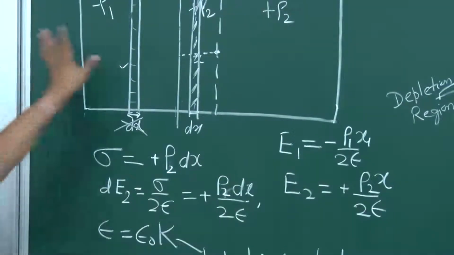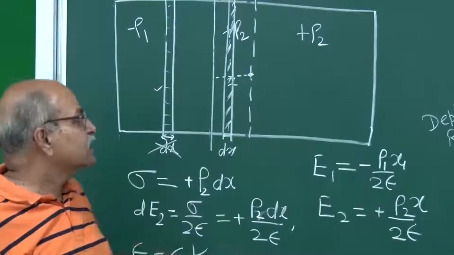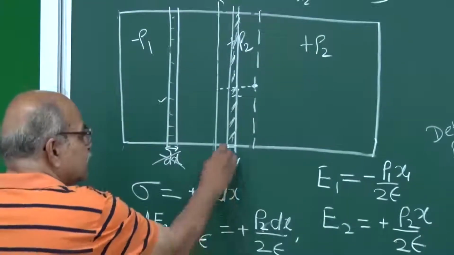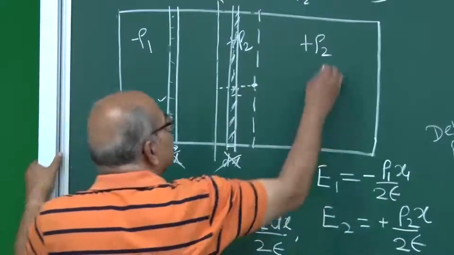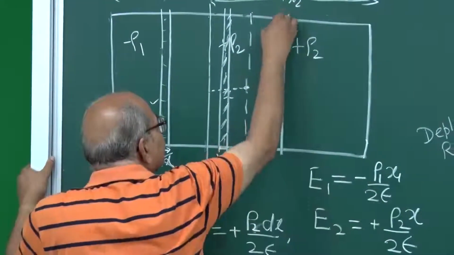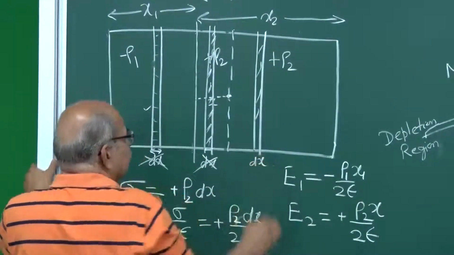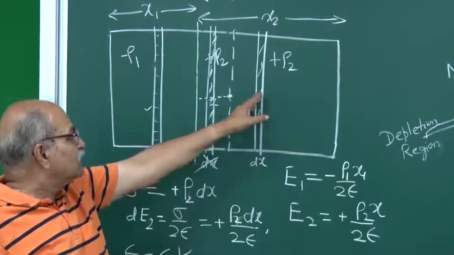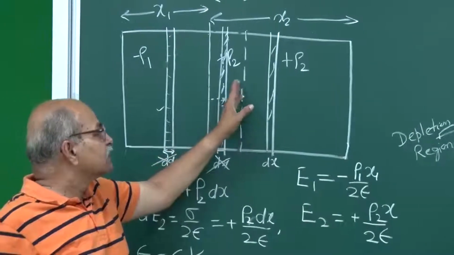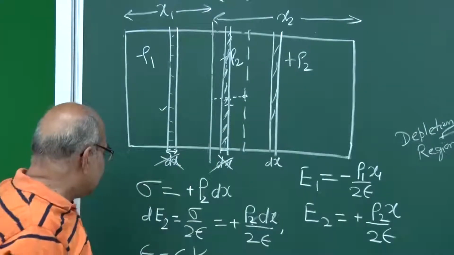What remains? This part, the electric field due to this part. So let's calculate that also. This dx is also over. So now let me take a layer here, this dx, and because of this you calculate the electric field here and then integrate from this point to that point. So once again you can write dE3.